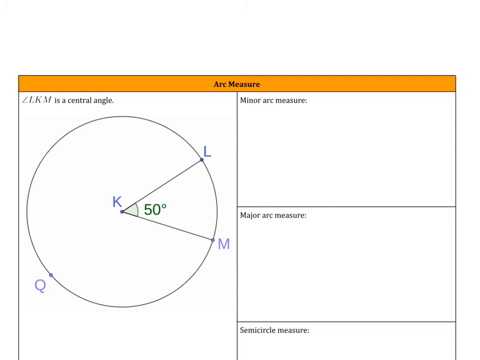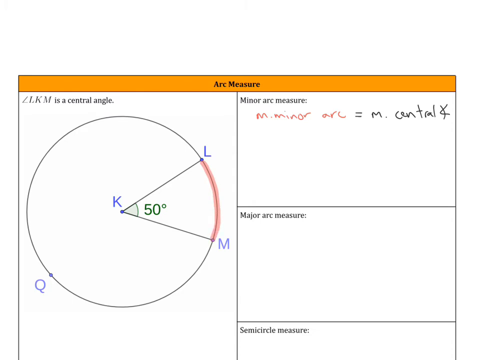Now, to find the measure of the minor arc, this one is super straightforward. This one is simply the measure of the central angle. So if you know the measure of the central angle, then we also know the measure of the minor arc. Now, going over to the picture, our minor arc is on the interior of the central angle.